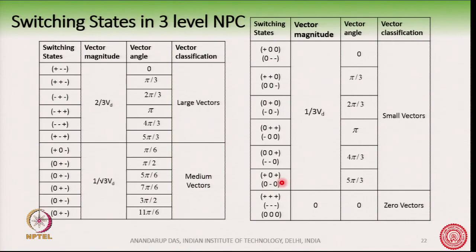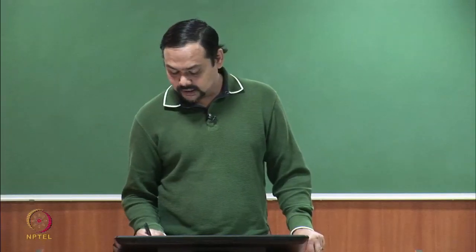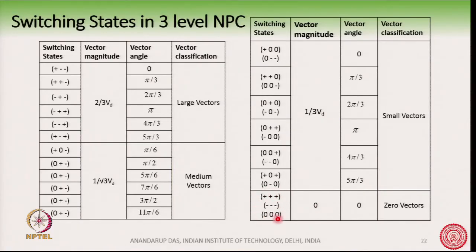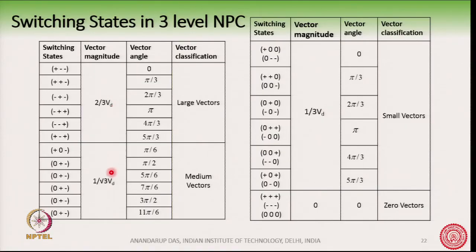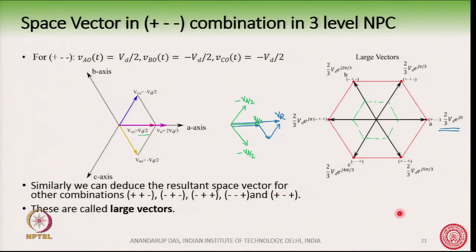And of course, we have the smallest vector, that is the 0 vector, with 3 multiplicities producing it. So, 6 switching states produce large vectors, 6 produce medium vectors, 12 produce small vectors, and 3 produce the 0 vector.